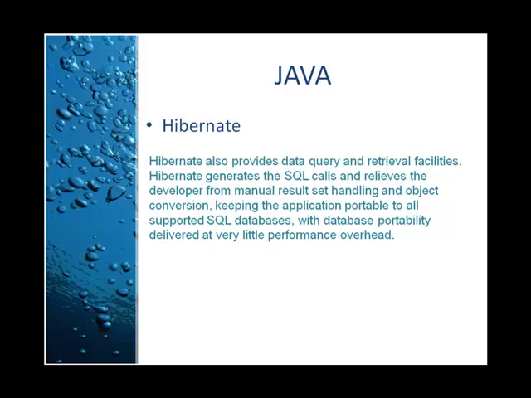Hibernate generates the SQL calls and relieves the developers from manual result set handling and object conversion, keeping the application portable to all supported SQL databases, with database portability delivered at very little performance overhead. So let's look at how it's performed in NetBeans.